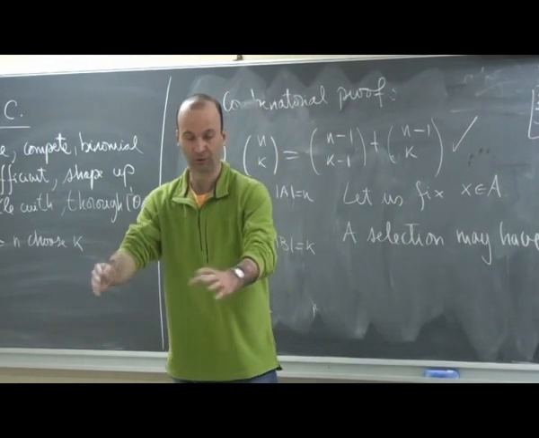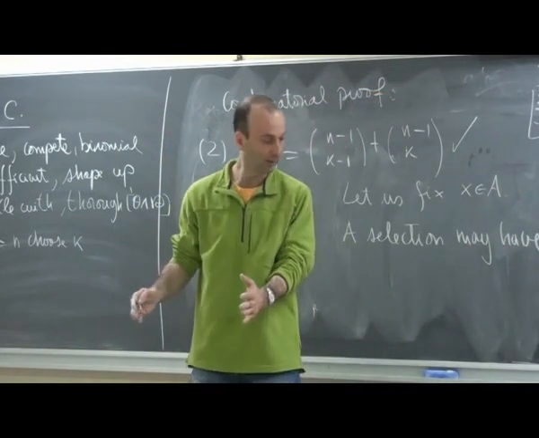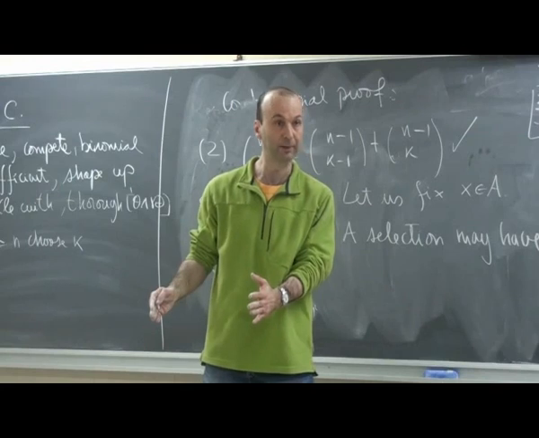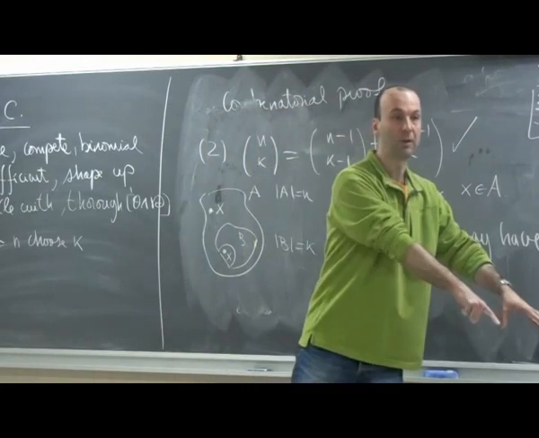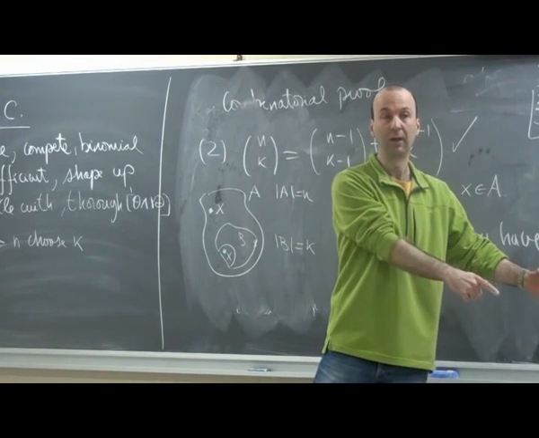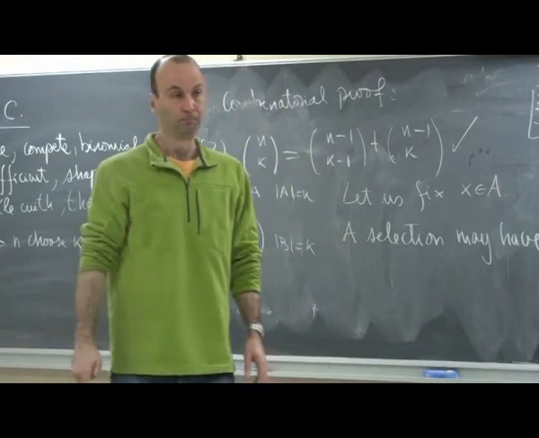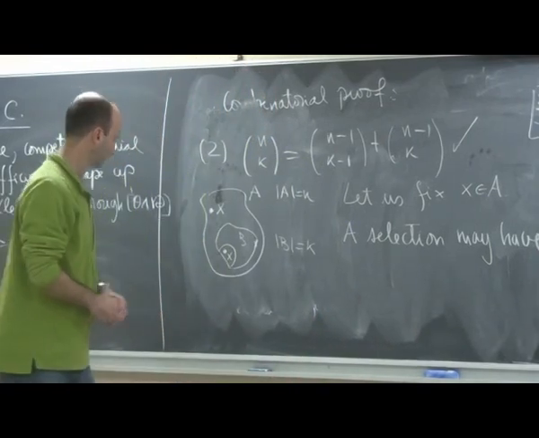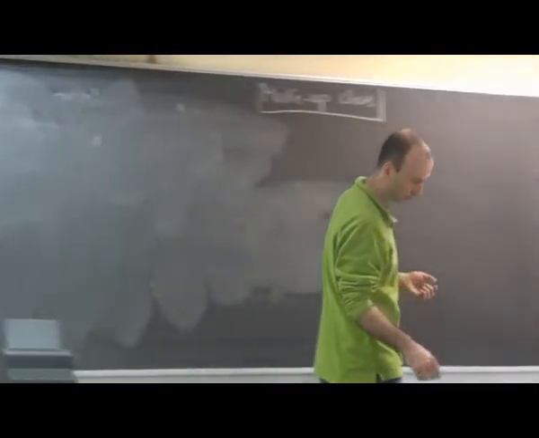Again, my box: I take x, I put it in the final selection, and now I must complete k minus 1 elements. So I take k minus 1, I put it here, x was already there, and that's it. Okay.